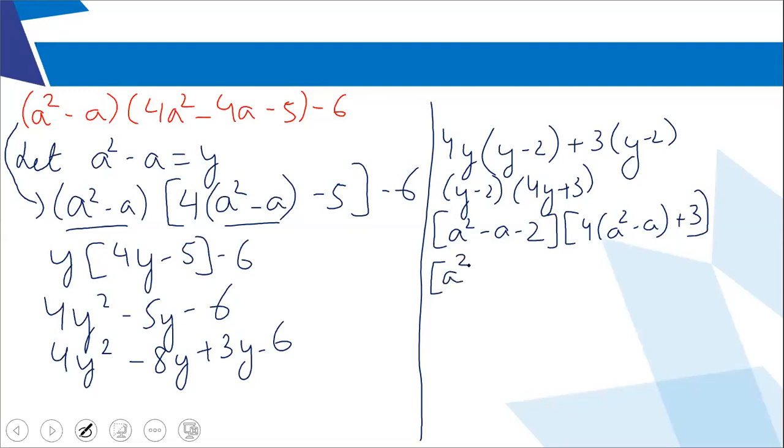Ma'am, this step, I directly solved it. No, you need to show the replacement clearly. Can we split this? On multiplication minus 2a square, and on addition it should be minus a. Yes, ma'am. A square minus 2a plus a minus 2.